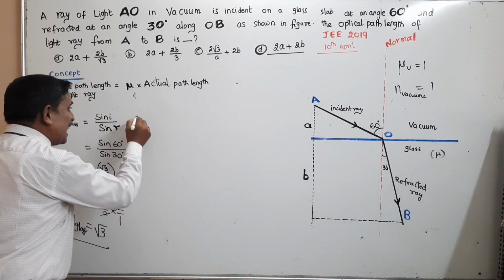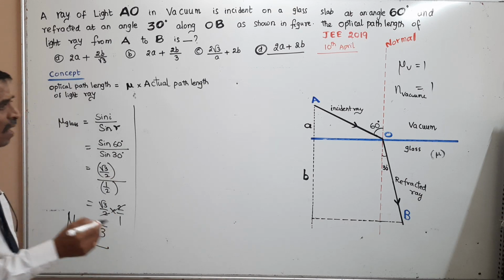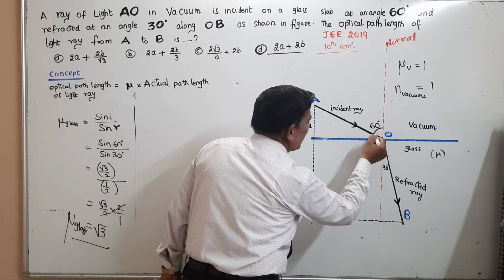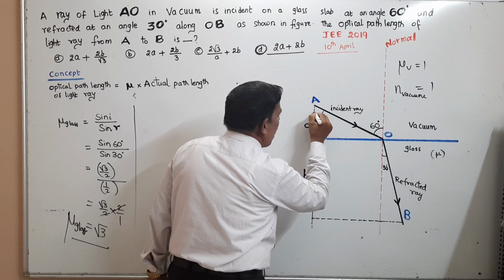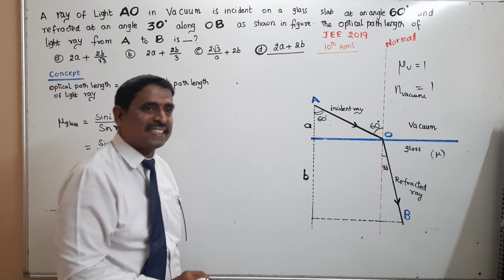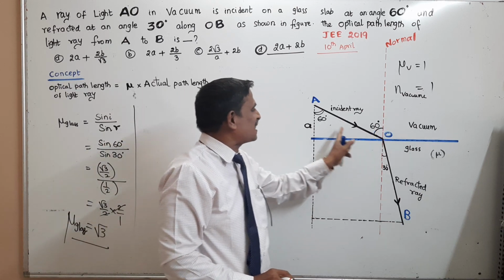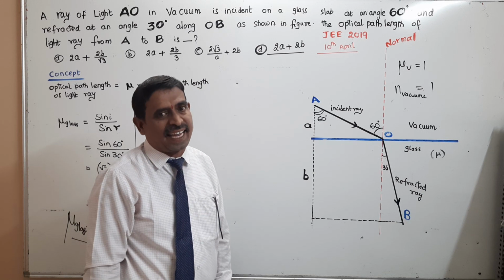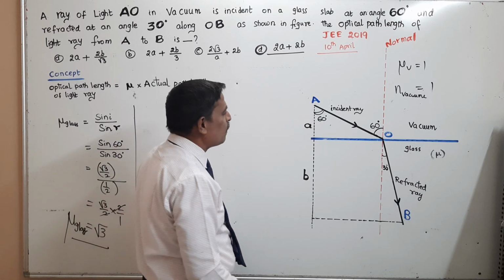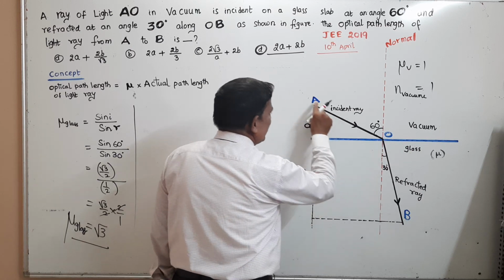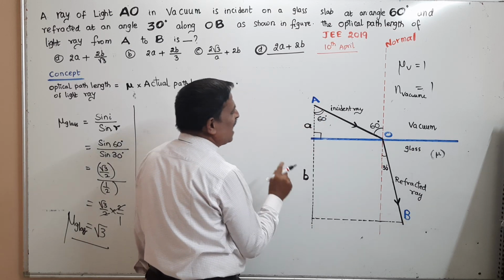Now, please listen here. We know this is 60 degrees. This angle is also 60 degrees, this angle also 60 degrees. Alternate angles are equal. Now this is a right angled triangle.